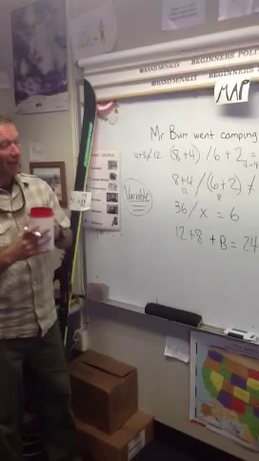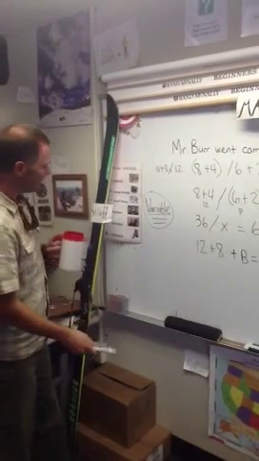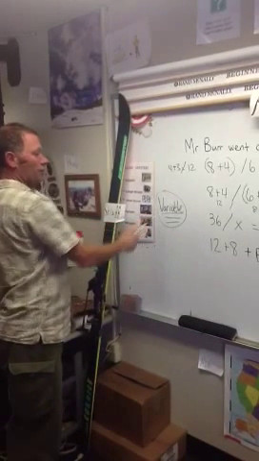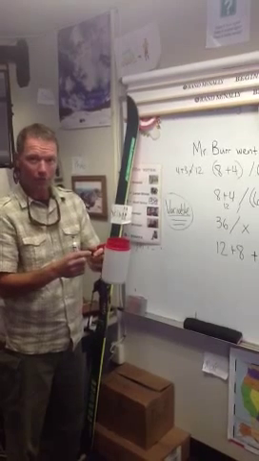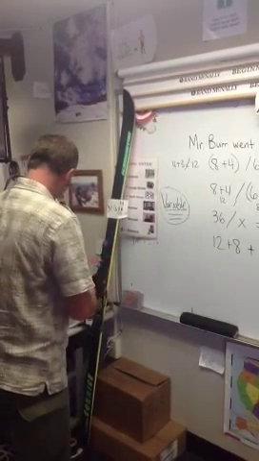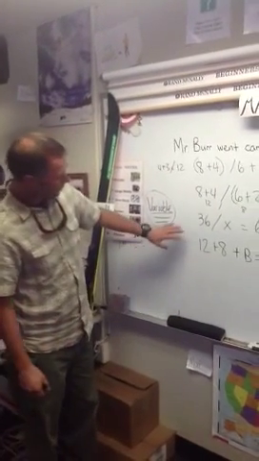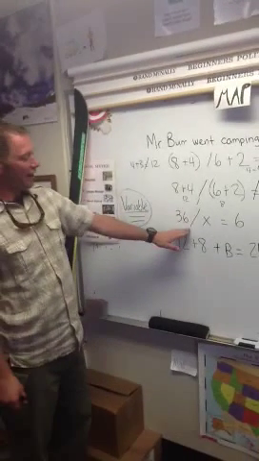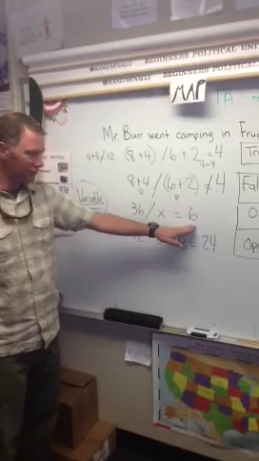But today's lesson is dealing with open sentences, dealing with a variable. And I know Dr. Topper's been talking a lot about variables, and here we go again in math. They're showing up. So again, let's look at an equation. We have 36 divided by x equals 6.